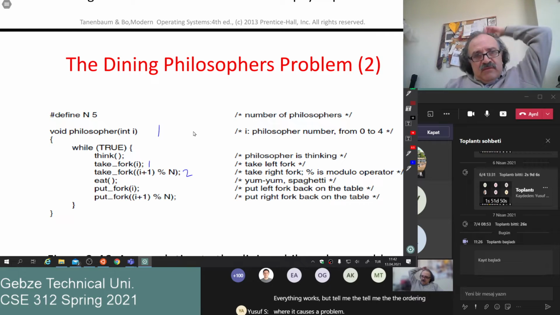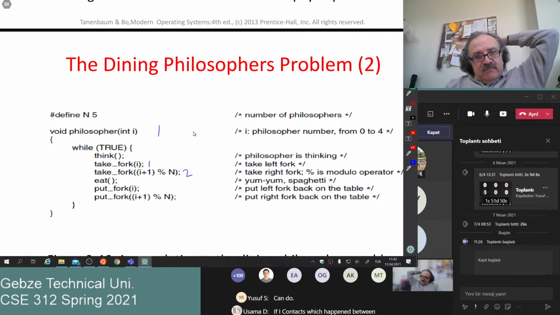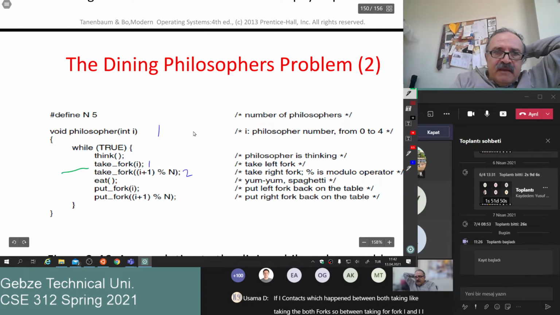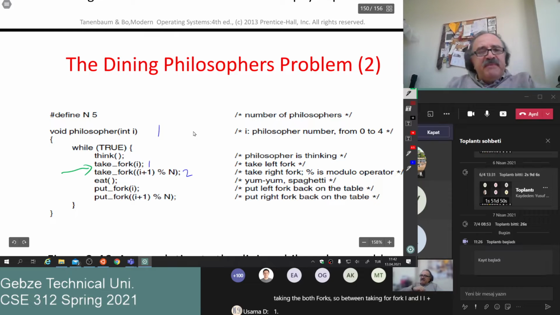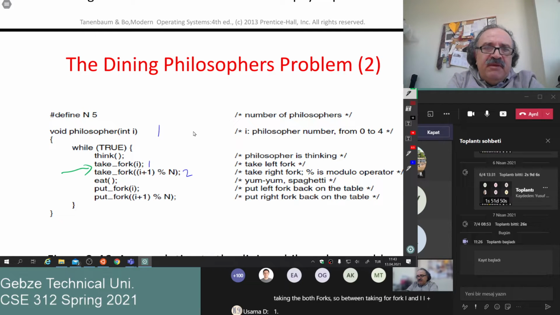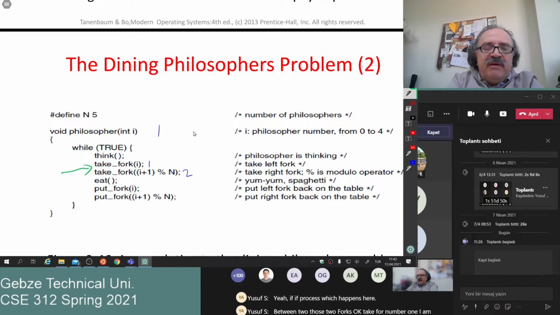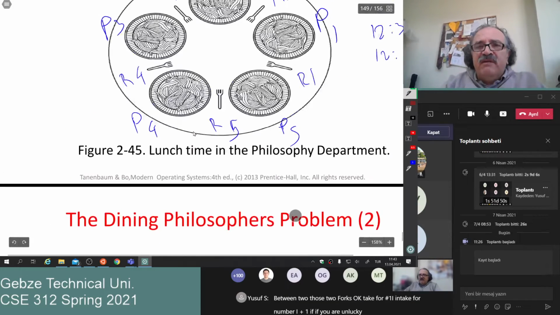If a context switch happens between taking fork I and fork I plus 1, if you are unlucky and the process switch happens there for all the processes, each one will get one fork.